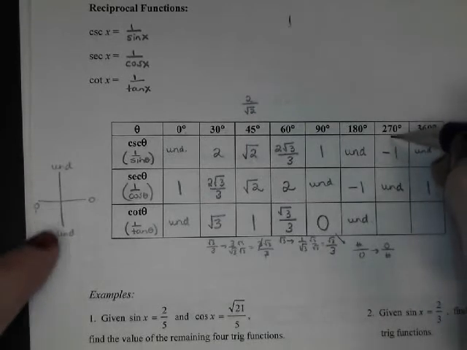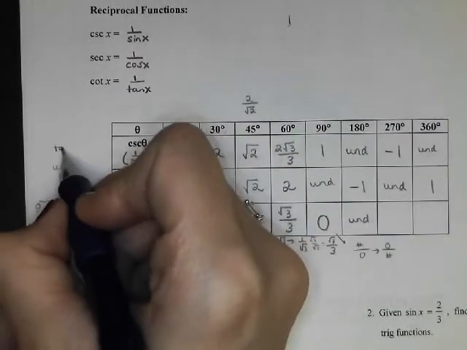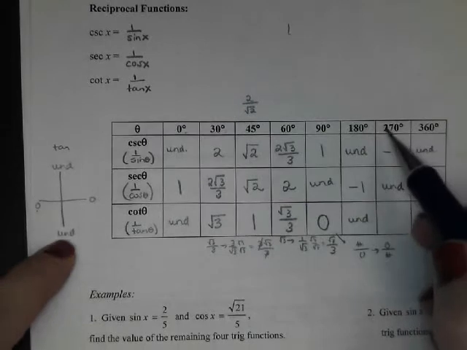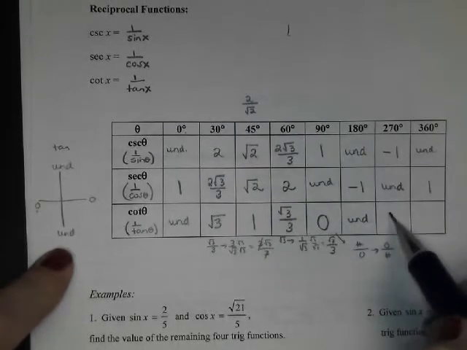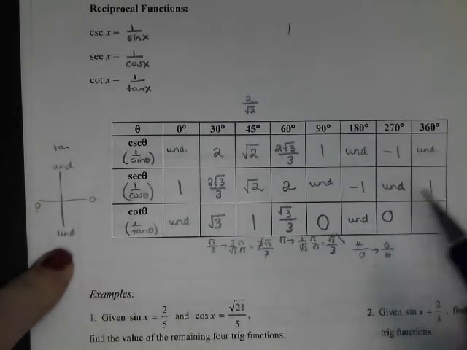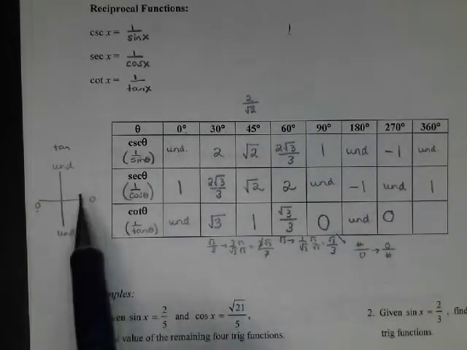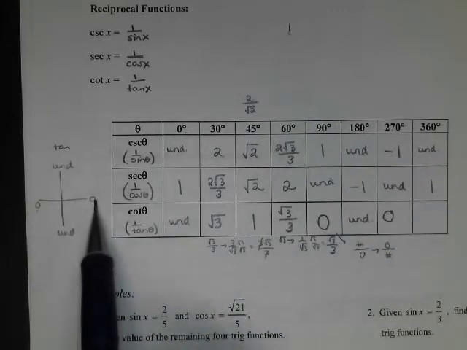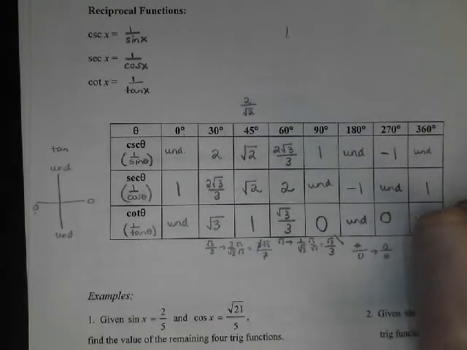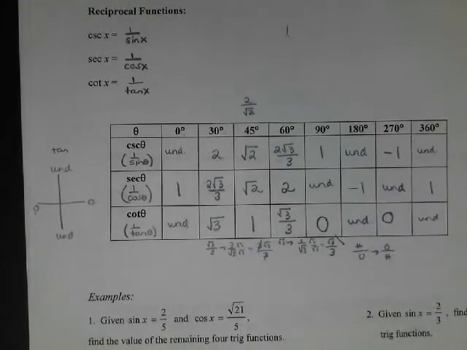For 270, the tangent, that's my tangent graph. The tangent of 270 is undefined, which means my cotangent is 0. And for 360, my tangent is 0, which means my cotangent is undefined. So I don't anticipate you'll ever have to fill out that table again. It's just any time I call on cosecant, secants, or cotangents, I think of my sine, cosine, and tangent values and flip them.